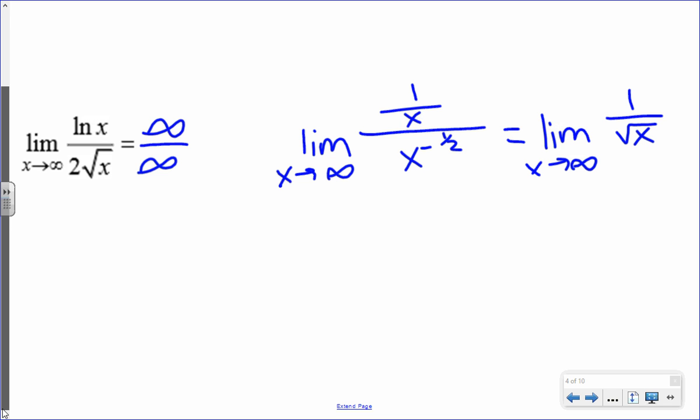Are we all okay that this is square root of x over x? So this is the x to the 1/2 power and x to the 1 power. So when you reduce them, we're left with the 1/2 power downstairs. And as x goes to infinity, what happens to radical x? Goes to infinity. And so when we have 1 over radical x, this would go to 0.